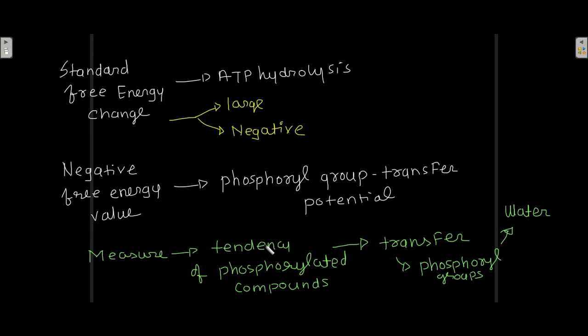That is what phosphoryl group transfer potential is all about. Okay, it indicates the tendency of the phosphorylated compound to transfer its phosphoryl group.